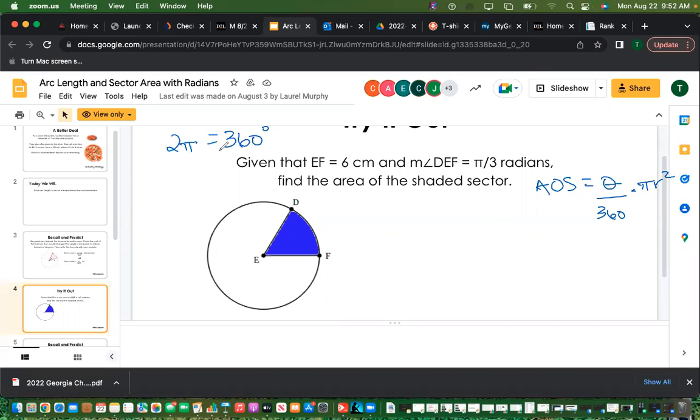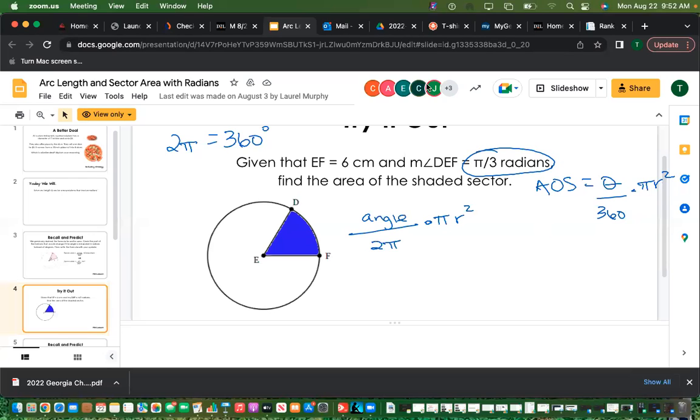Since they tell us that our angle is in radians, we're going to write 2 pi instead of 360 here. In the formula, you normally have 360 down here, but if it's written in radians, you're now going to write this as the angle divided by 2 pi times pi r squared.